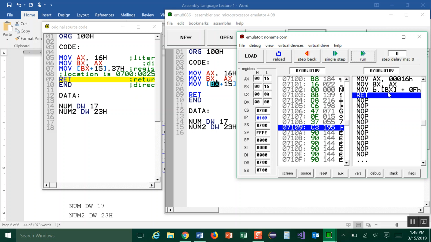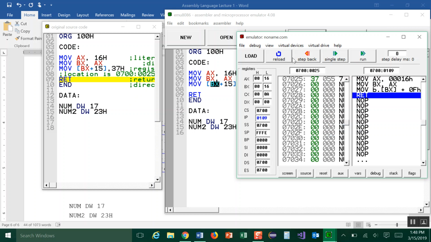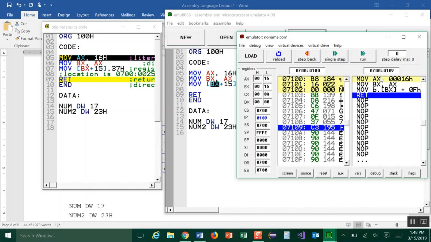And so now this instruction is to move 37H into 25H. Let's go to 25H. And you can see in that address, it has the value of 37. Okay, so that's how these three addressing modes work. I think that's it.